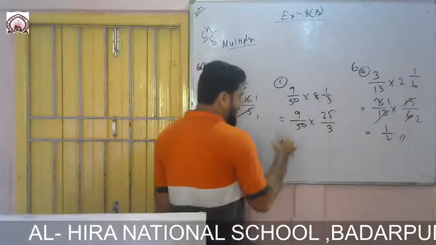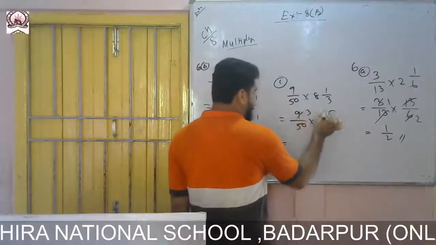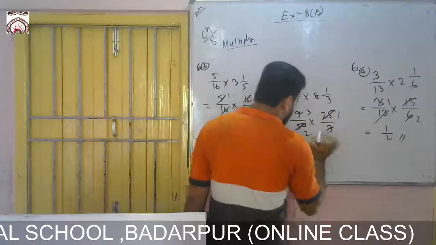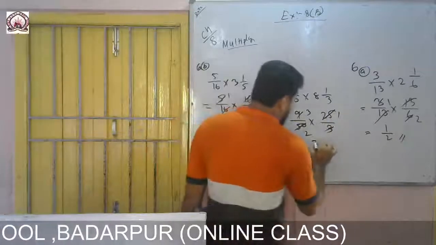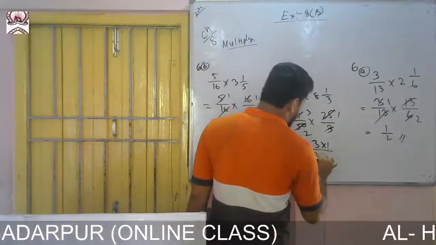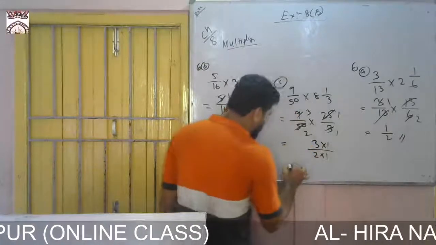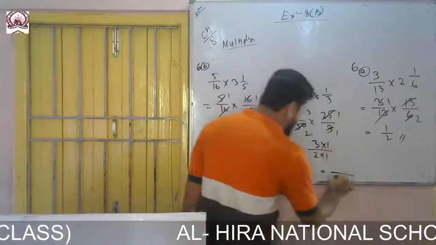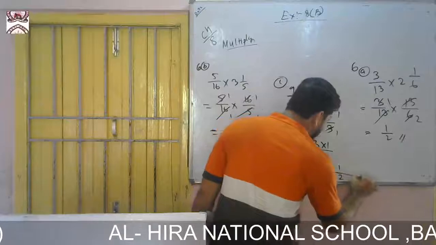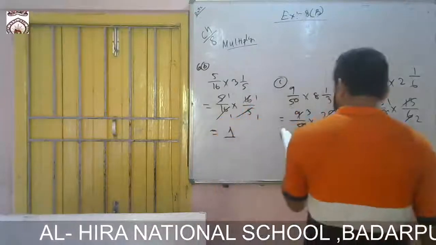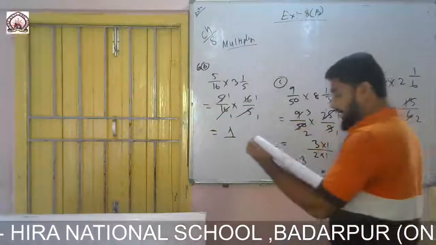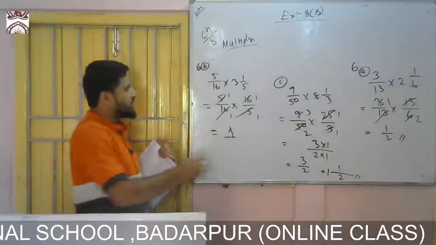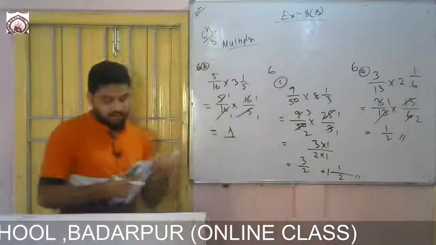Now you see I can cancel: 3 3 jar 9, 5 25 1 jar 25, 25 2 jar 50. Okay. So 3 into 1 by 2 into 1. This is 3 by 2. So 3 by 2 I can take as a mixed fraction: 2 1 are 2, remain 1. So 1 whole and half. That is 6C.